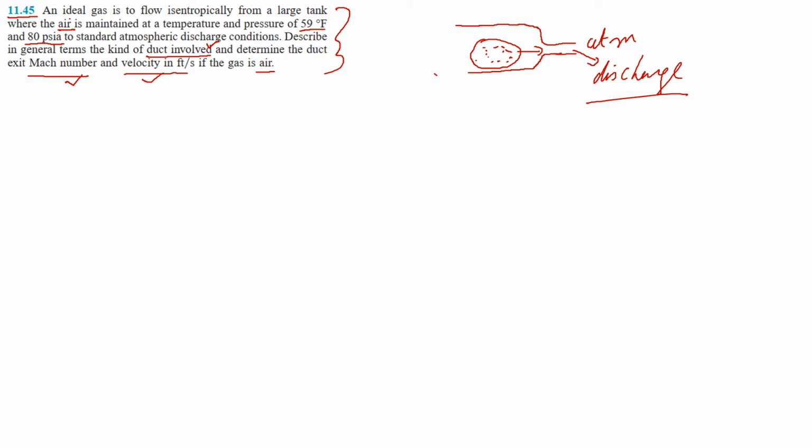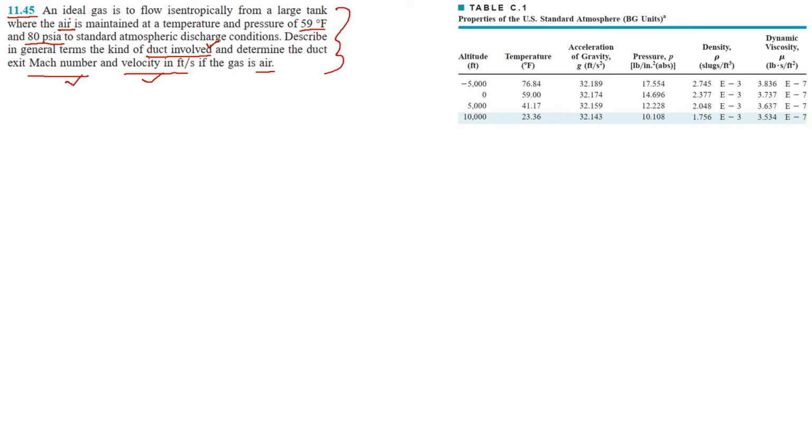First, we are given some data in this problem, so let's use that data and find the unknowns that we can. We are going to use Table C.1 given in the appendix of this book. This table gives the properties of the US standard atmosphere in British gravity units.